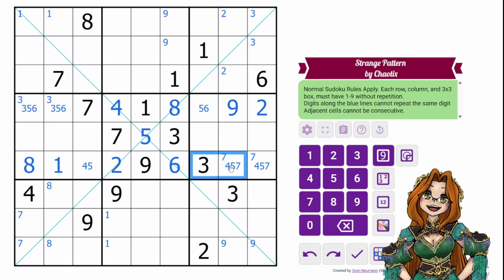But this cannot be 4 because it's next to a 3. Very bad. See, this cannot be a 6 because it's next to a 7. Let's see, 6 is in one of these 3 places.